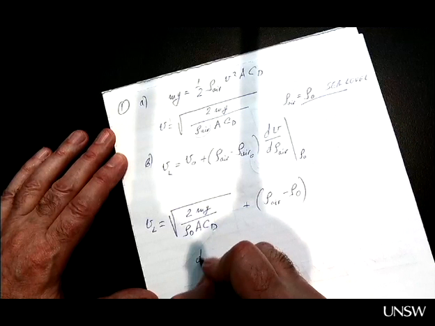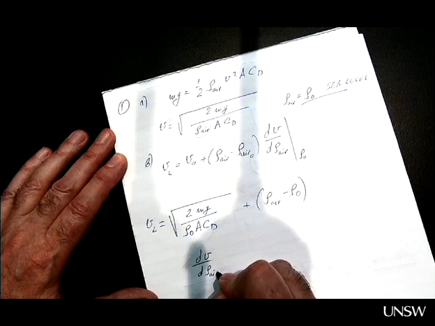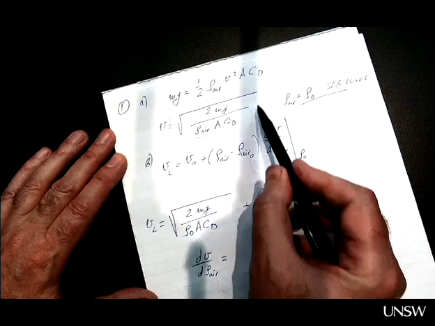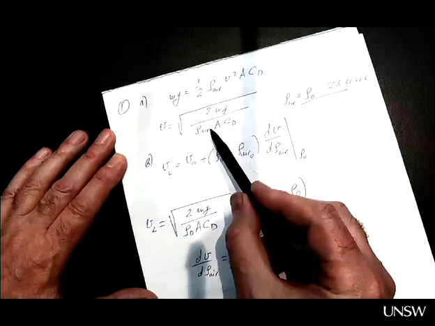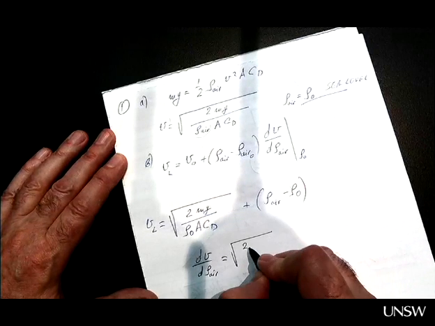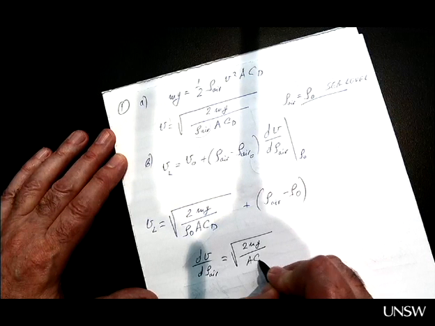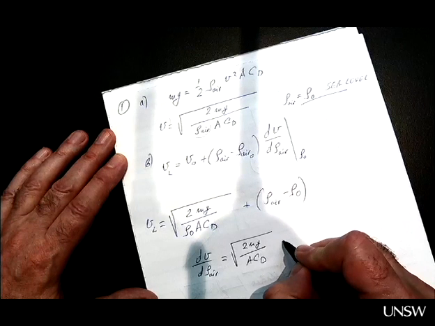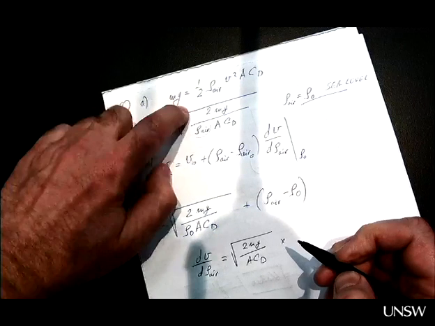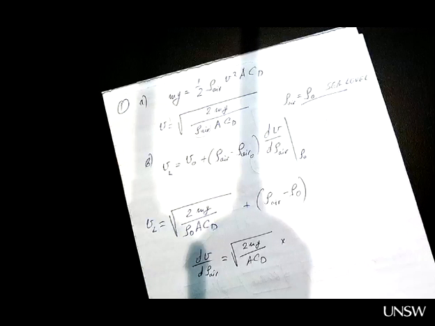So dv by d rho air will be equal to, now we have everything constant, so I'll keep this constant intact, 2 mg over ACD, times square root of 1 over rho air, which is rho air to the power of minus 1/2.